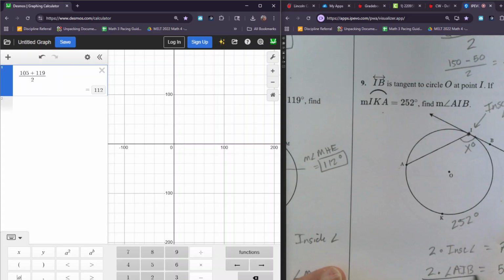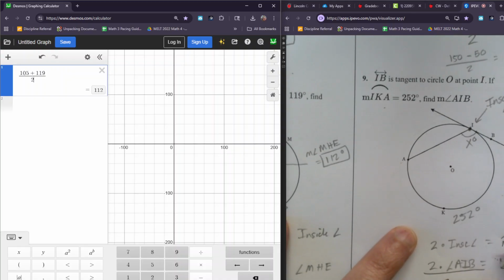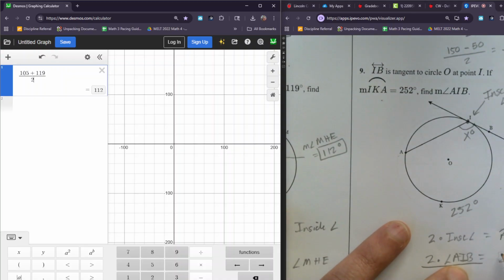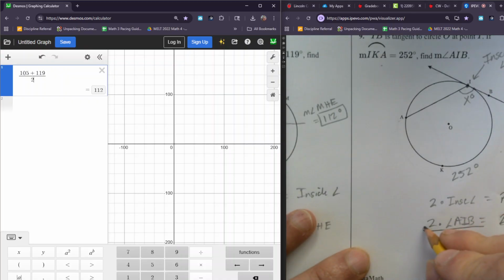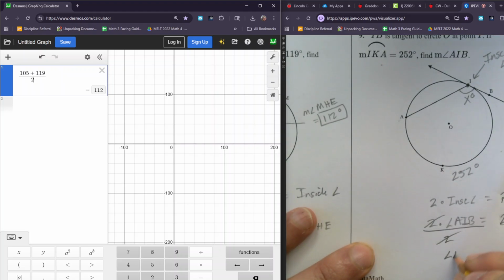So to get AIB by itself, you're just going to divide by 2. I just sat here and wrote that wrong. That's 252. So now divide by 2. So the measure of AIB is equal to 126.